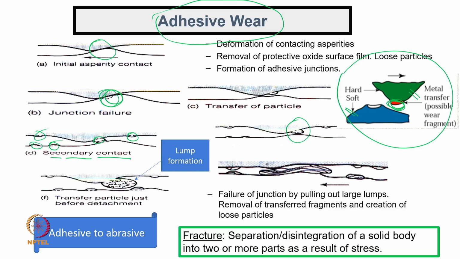So, what we find is a lump which is getting bigger and bigger. As it gets bigger, and it has a root which is weaker, it finally gets detached from the surface. And under detachment, what will happen? It will get crushed, it can come in a plate form, where the peripheral area will be increased in a bigger way, and the thickness may be almost negligible.